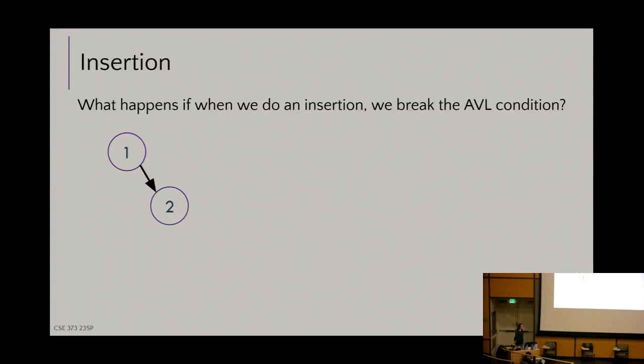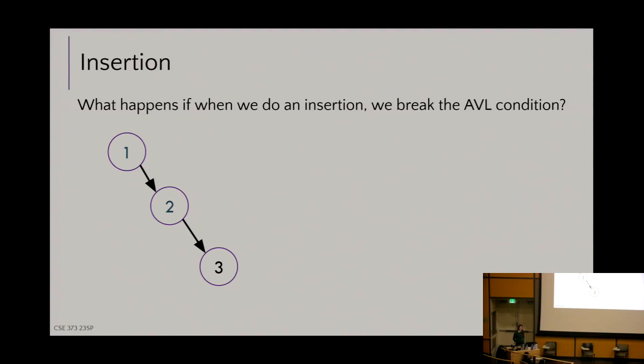So, insertion. We know that's a moment where we could accidentally imbalance our tree. I've got a tree right now of just 1 and 2. Is this a valid AVL tree? Yes. These 2 nodes are happy little neighbors. They are balanced. Is this a valid AVL tree?